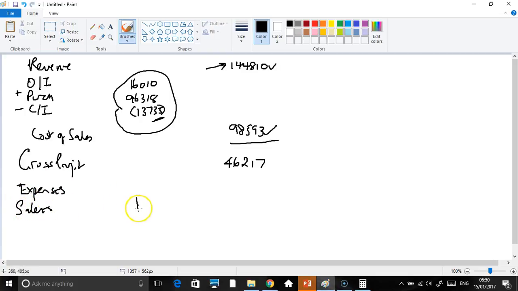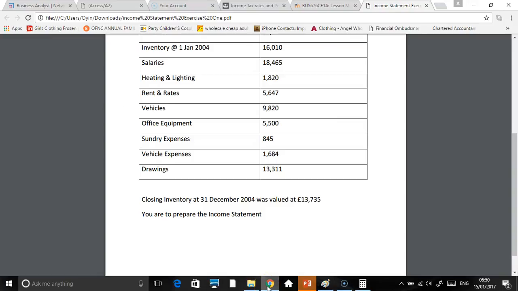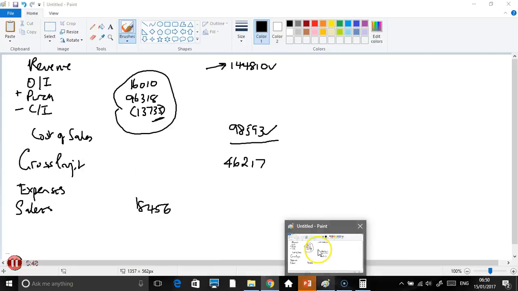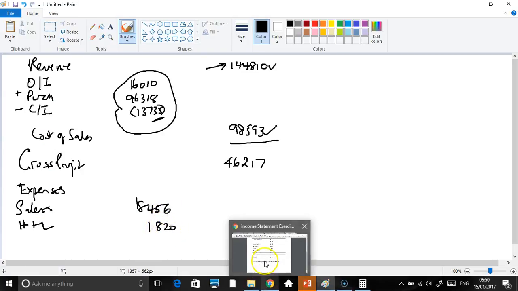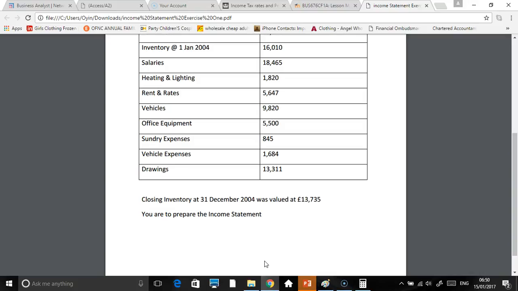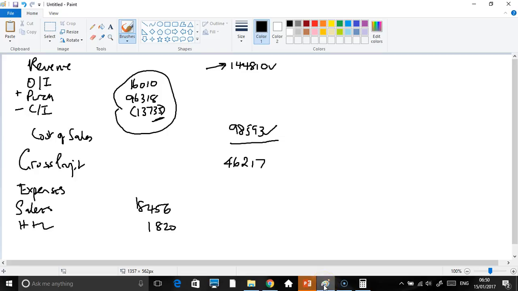Salaries, 18,456. Next thing, heating and lighting, 1,820. Next one, rent and rates, 5,647.